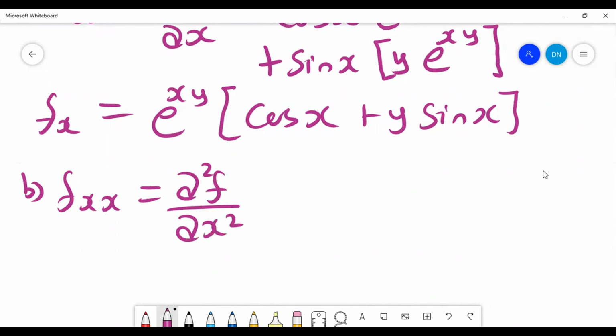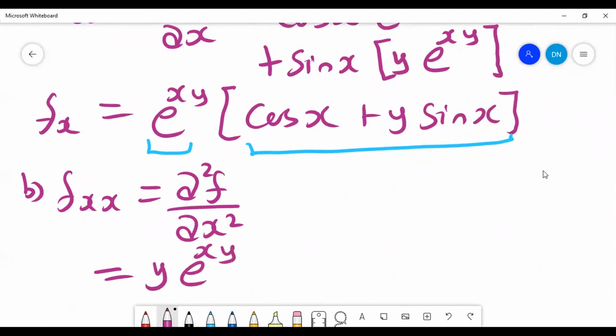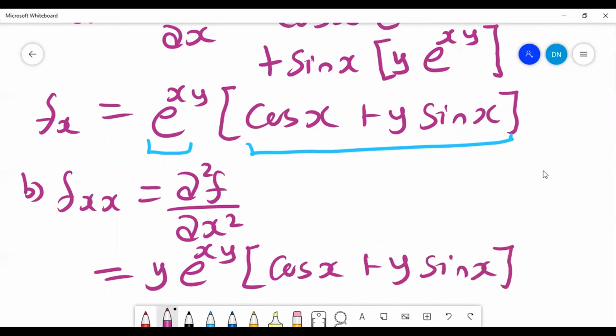I can use the product rule again, and then I separate. I assume this is one equation, and these are two parts. And that will technically be, if I differentiate this with respect to x, it becomes y e raised to xy. And then I have this part remains the same because I'm using the product rule that we did in differentiation.